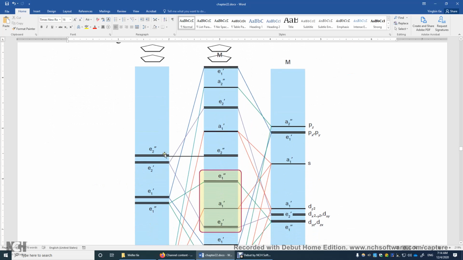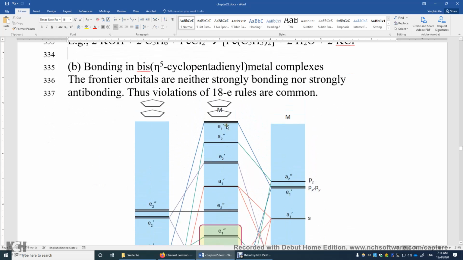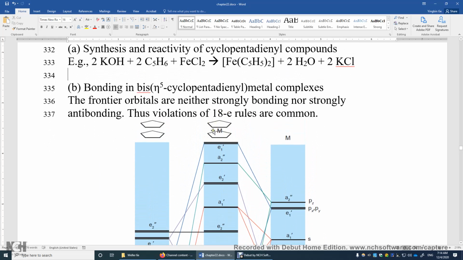This MO diagram is really complicated, but I want to remind you this structure is highly symmetric. It belongs to the D5h point group. So over here you can review group theory. There's a C5 principal axis, right? And there are 5 C2 axes perpendicular to the C5.